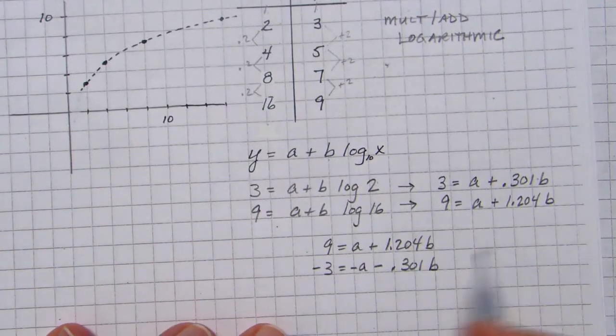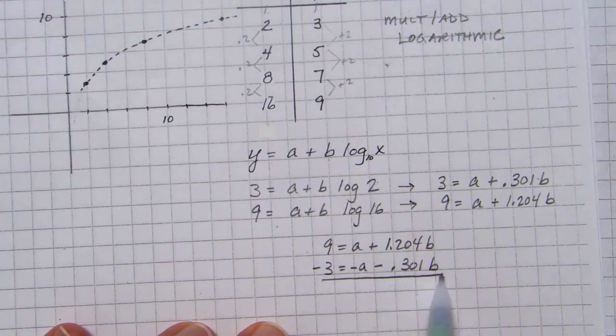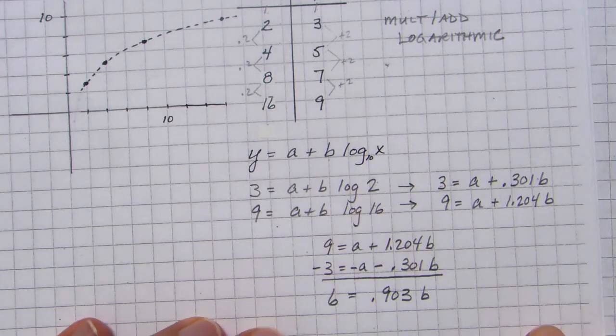And so I'm just going to do straightforward elimination as I've done in previous courses. 9 minus 3 is 6. The A's cancel. That was the intent. And then 1.204 minus 0.301 is about 0.903B.